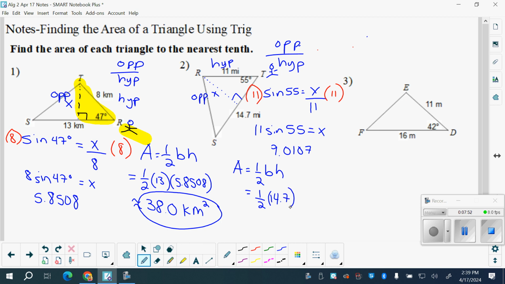And then my height is, we found to be 9.0107. We get about 66.2 to the nearest tenth, and that's miles squared. Okay, I'm going to have you do number 3 as a try. So do this one on your own, and then we'll do the last one after that.